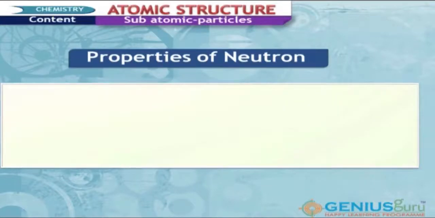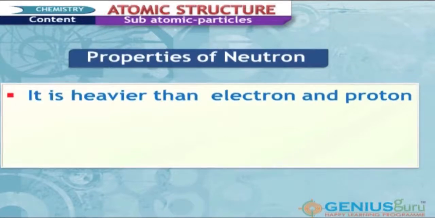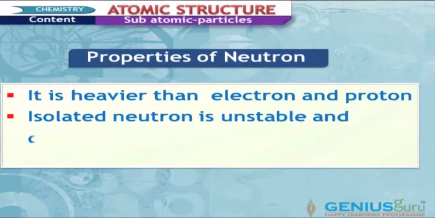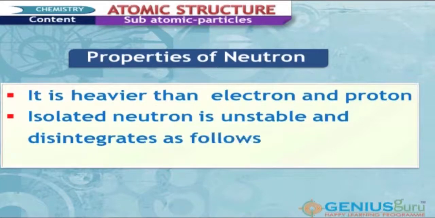Another important property of the neutron is that it is heavier than the electron and proton. So among the fundamental or subatomic particles, the neutron has higher mass than the remaining two, that is, the electron and proton. An isolated neutron is unstable and it disintegrates as follows. So we cannot isolate a single neutron.